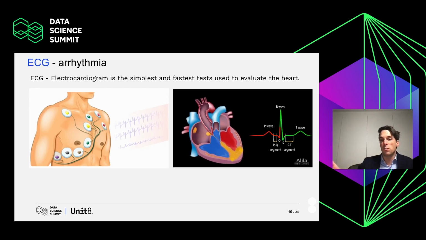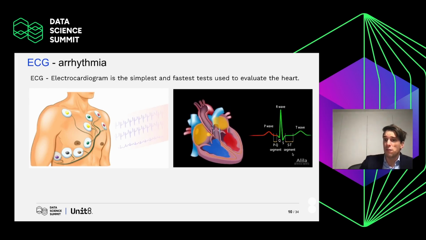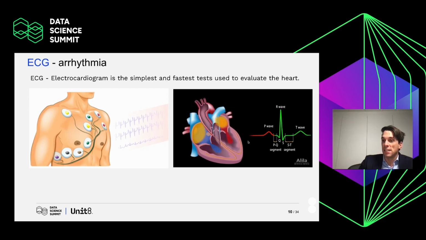The P wave stands for when the atria are depolarizing, the QRS complex for the ventricular depolarization, when the ventricles are contracting and pumping, followed by a T wave, and that's a single unit of one heartbeat.